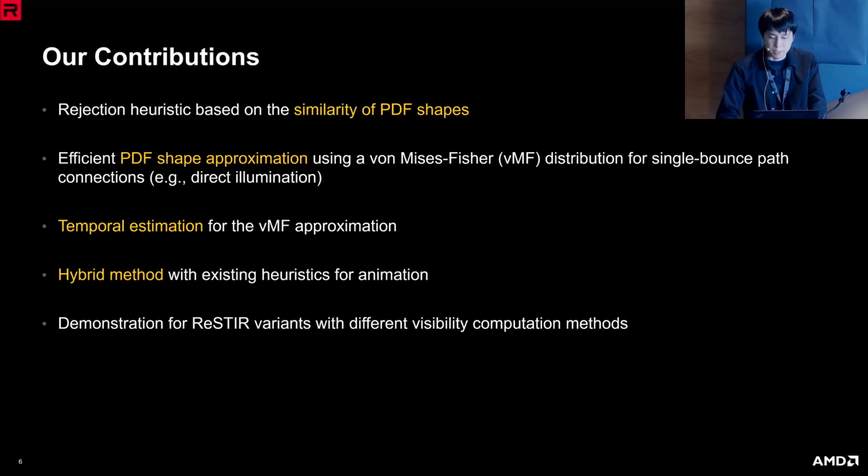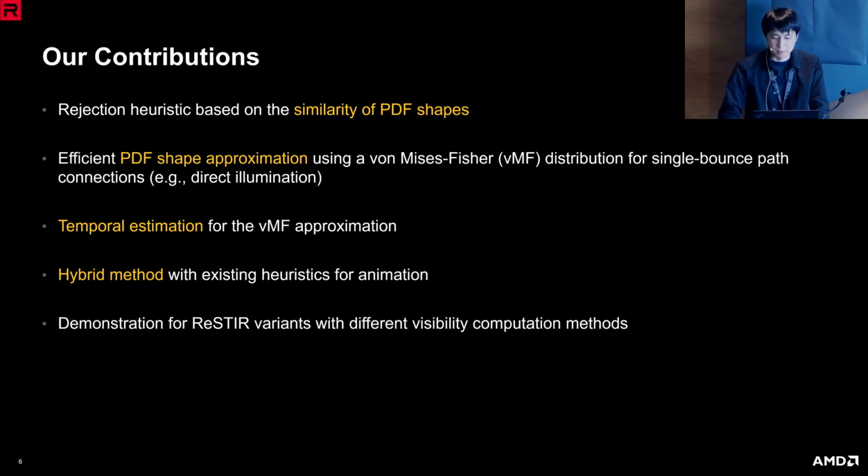Our contributions are as follows. We introduce a rejection heuristic based on the similarity of PDF shapes for ReSTIR. To perform our method at real-time frame rates, we approximate the PDF shape using a von Mises-Fisher distribution for single bounce path connections such as direct illumination.